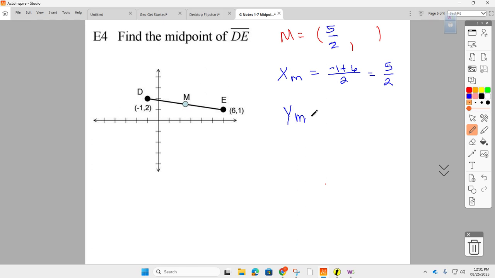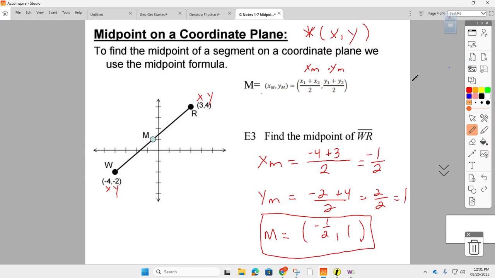So now the y-coordinate of the midpoint, what's going to go in the numerator? Dallas? Okay, so let's look right here. The y-coordinate of your midpoint is right here: y plus y divided by 2.